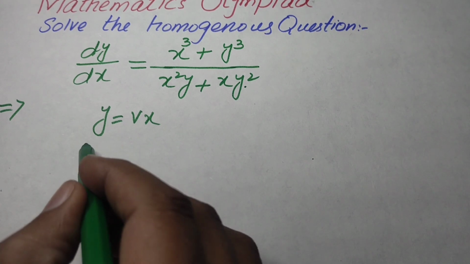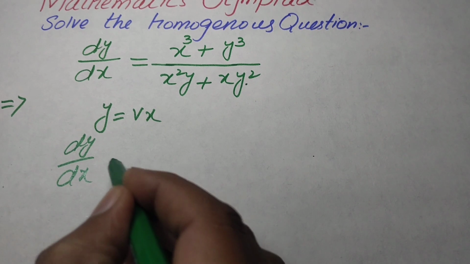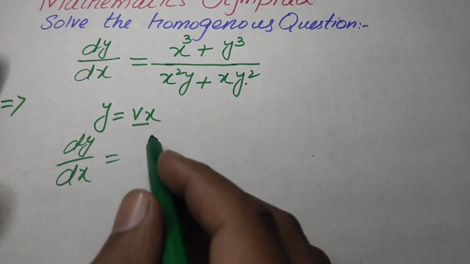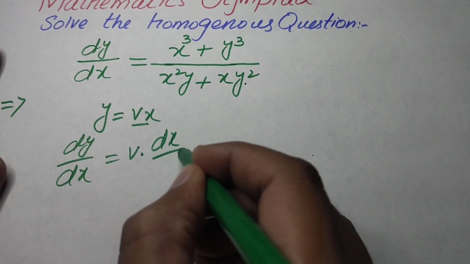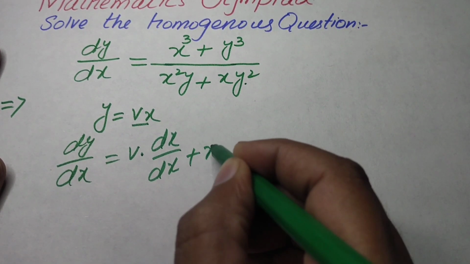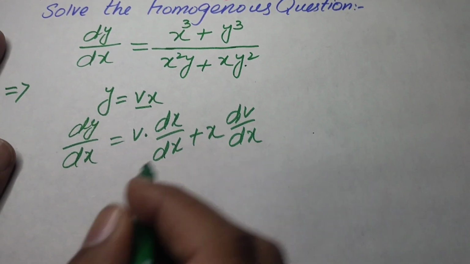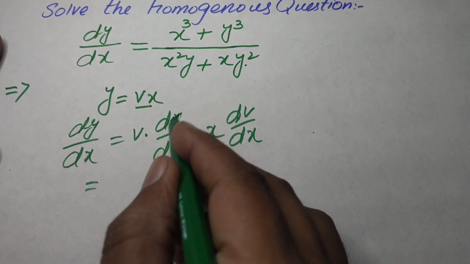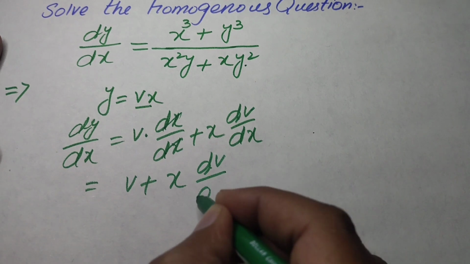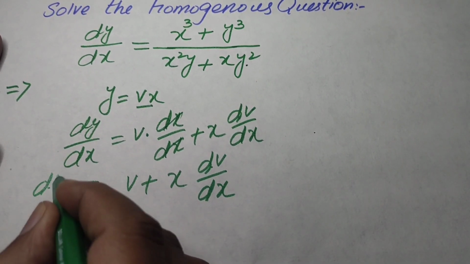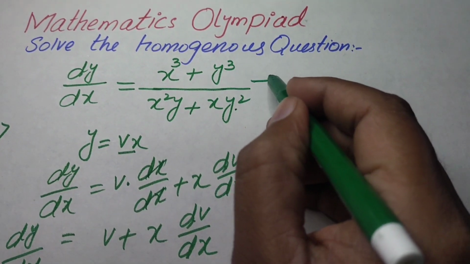Okay, after that we will take the derivative of both sides and obtain dy by dx. Here we apply the product rule: first term as it is times the derivative of the second, dx over dx, plus the second term as it is times the derivative of the first, dv over dx. After that dx over dx cancels out and we obtain v plus x dv over dx, which is dy over dx. So this is equation number 1.